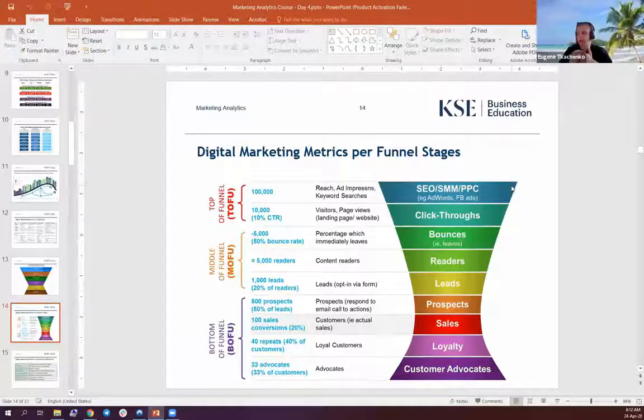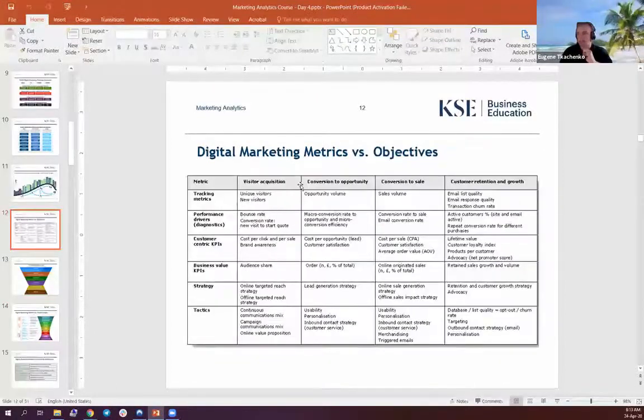So when we are talking about proper measurement, we are talking about the measurement of your activities per, for example, top of the funnel stages like reach, impressions, keyword searches, as well as visitors and page views. Because if you remember these slides, we're interested in visitor acquisition. So share of voice, number of unique visitors, and new visitors who come to our website.